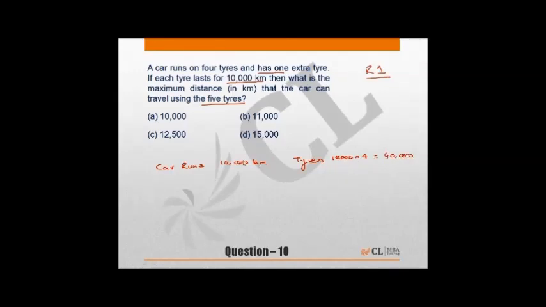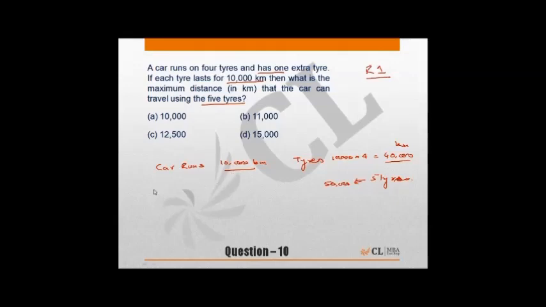Okay. So when the car runs 10,000 kilometers, the 4 tires cumulatively have done 40,000 kilometers. Now since we have 5 tires, they will cumulatively do 50,000 kilometers. If they will do 50,000 kilometers instead of 40,000 kilometers, the car will run not for 10,000 but more.